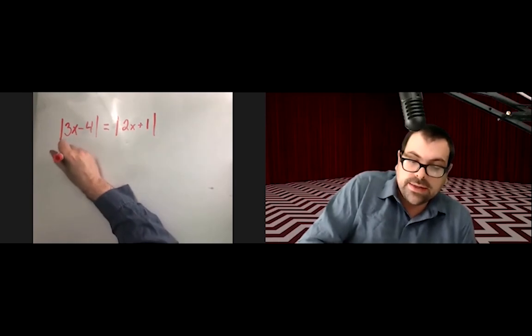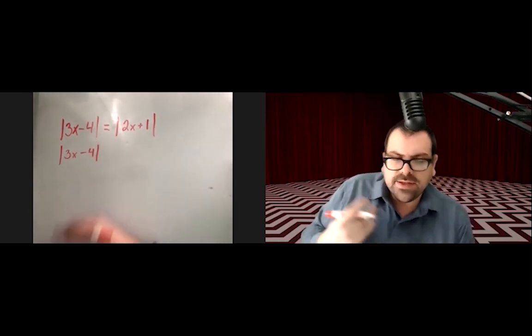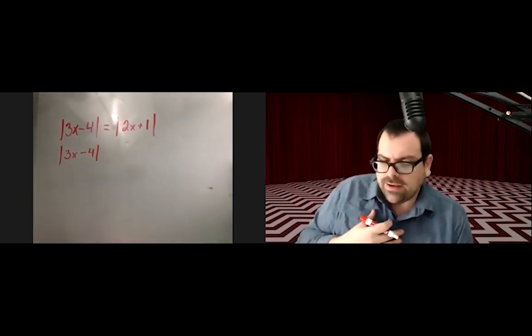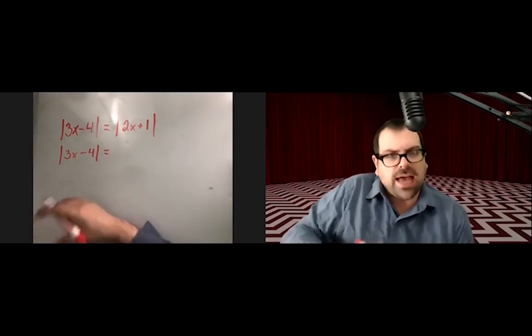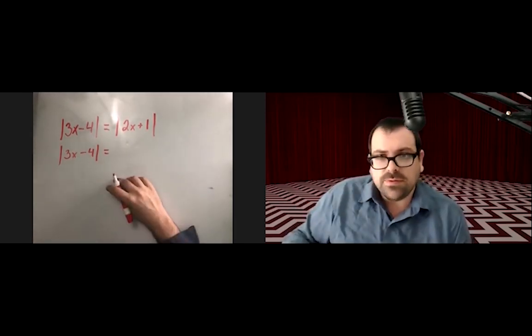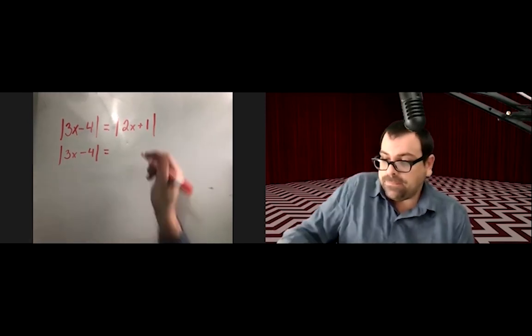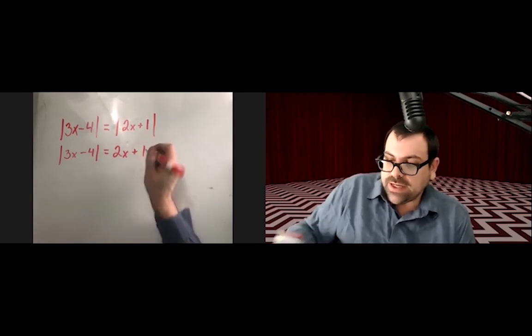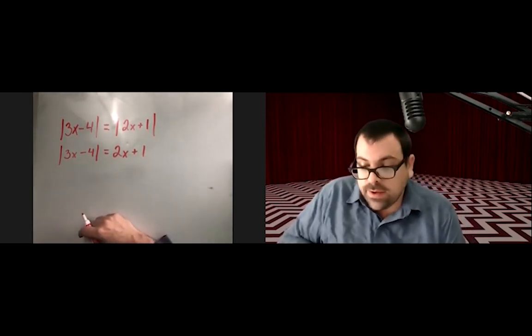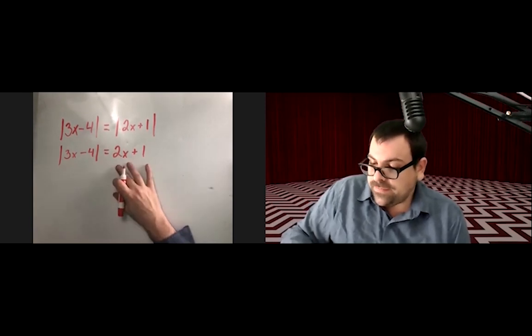I'm going to go ahead and leave the absolute value on the left just because, I don't know, I like absolute value equals looking like absolute value equals. But like we just saw, it doesn't matter. So I'm going to drop it on this side, just a plain old 2x plus 1. Now, absolute value equals this.